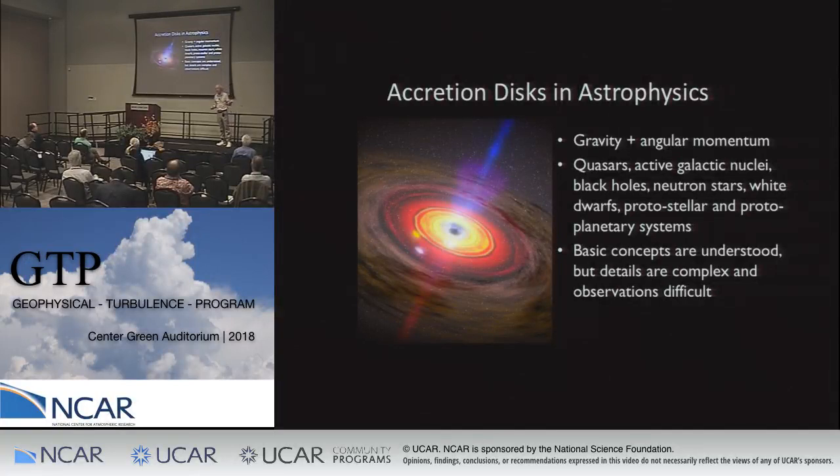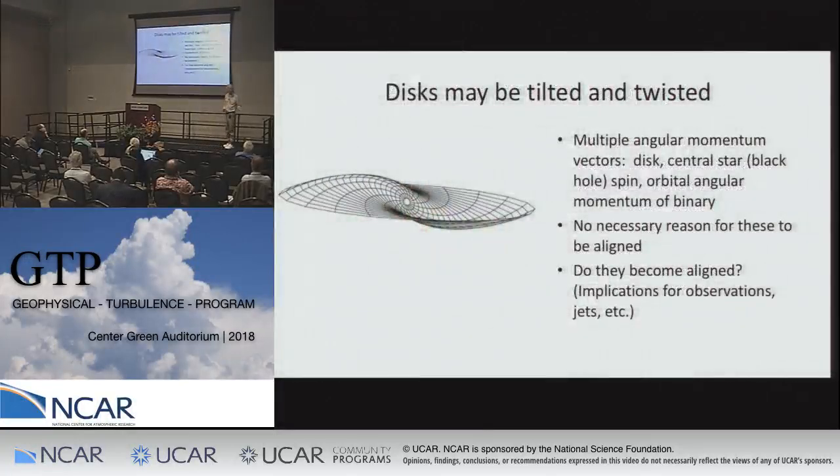Accretion disks occur throughout all of astrophysics, everything from quasars to planetary systems, perhaps even disks around planets themselves that lead to moons. So the basic physics is very straightforward, but the details are relatively complicated, and the observations are difficult. And that's good for the complexity because it gives us lots of things to research and talk about.